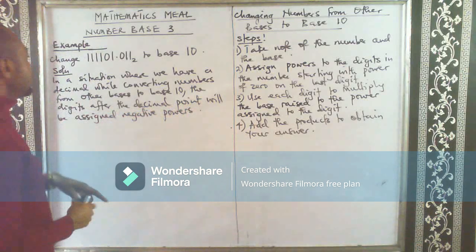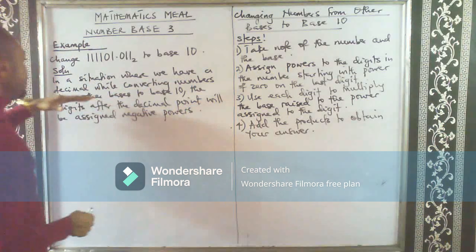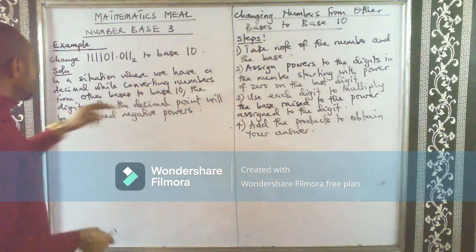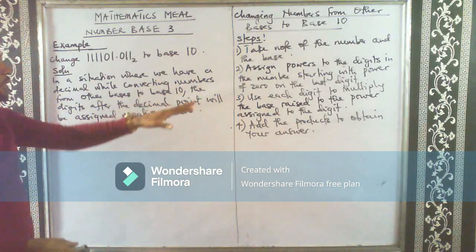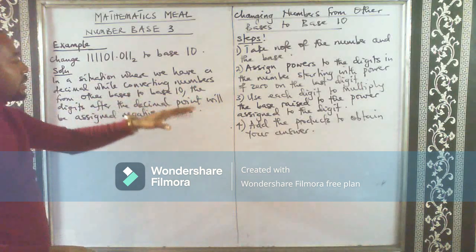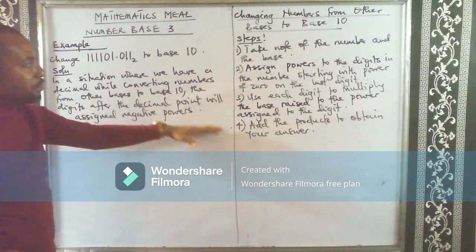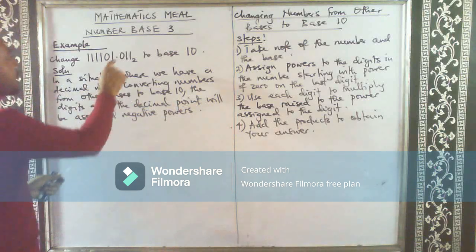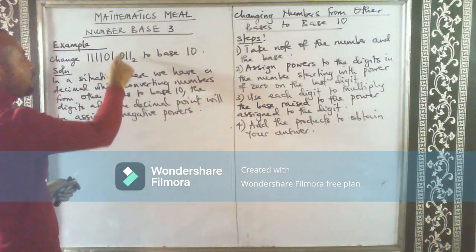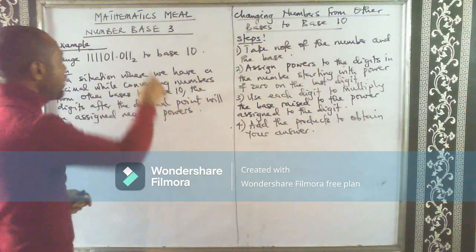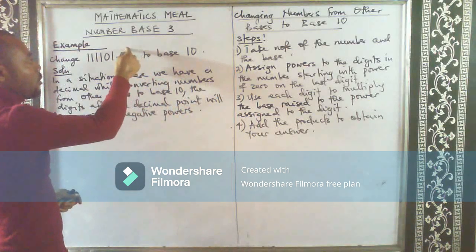So, in a situation where we have a decimal while converting numbers from other bases to base 10, the digits after the decimal point will be assigned negative powers. So in this case, these digits after the decimal point will take negative power. So one will not make the mistake of assigning 0, 1, 2, 3 here.